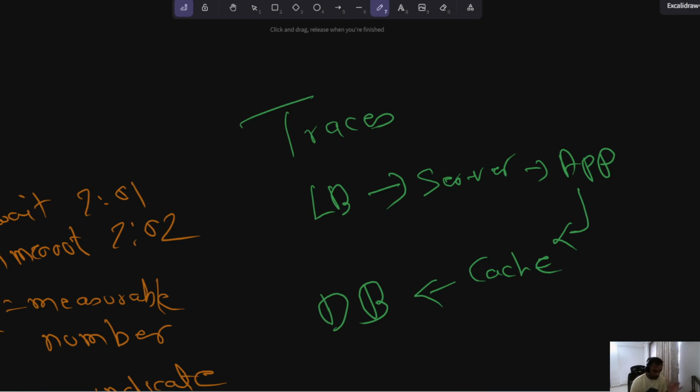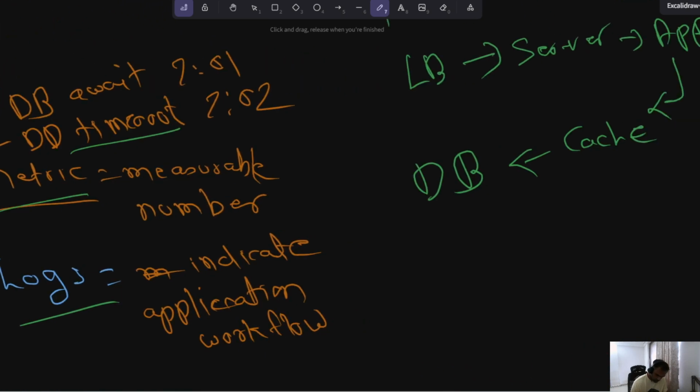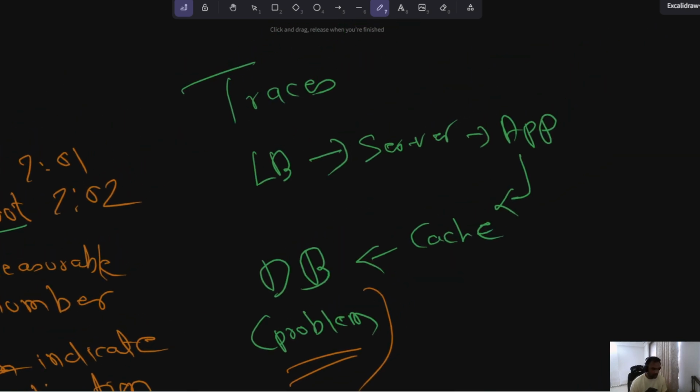The request could go wrong at any point. We have assumed here in this log that we are getting a DB timeout, so the request is problematic here. Let me highlight it. What a trace would tell you is how a request flows, the end-to-end journey of a request.